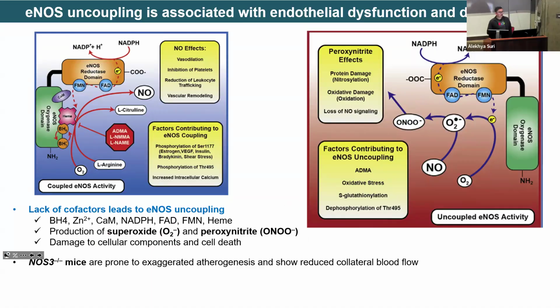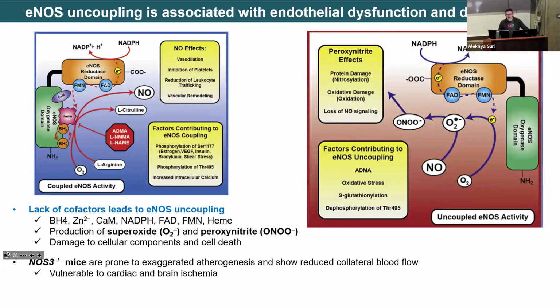Now, something that's interesting is that mice that don't have eNOS, which is something that we can do in the lab, are prone to exaggerated atherogenesis, so they tend to develop atherosclerosis more frequently, and they have reduced collateral blood flow, which basically means blood has fewer pathways to flow through.